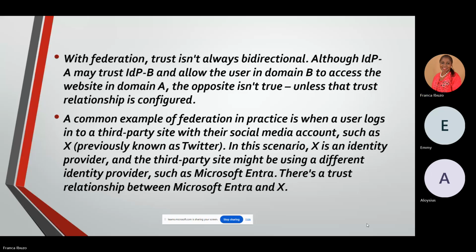Federation is when the user logs into a third-party site with their social media account.